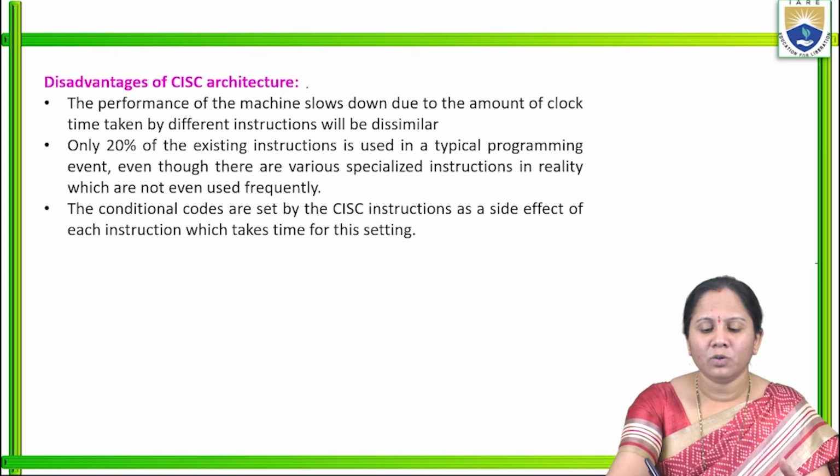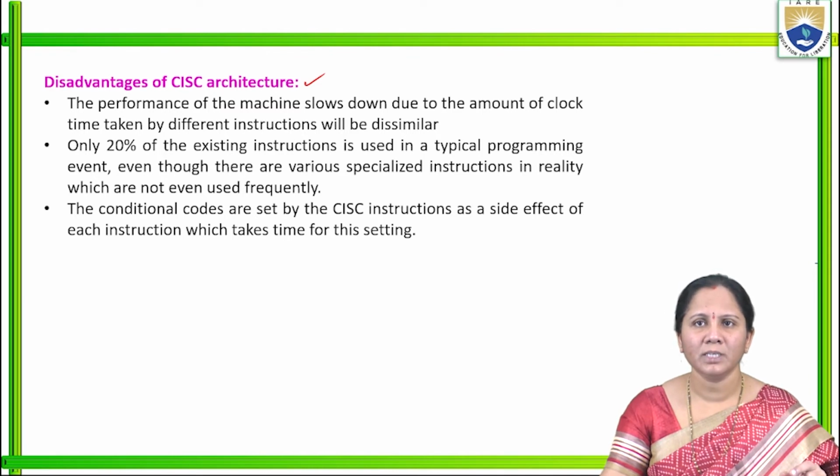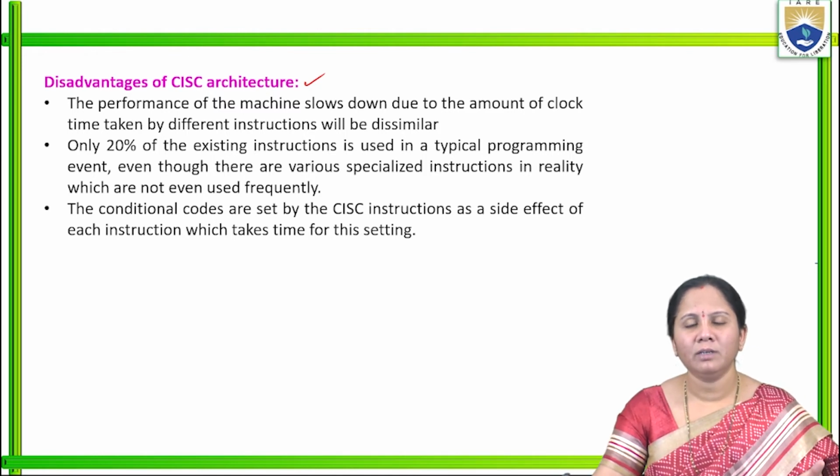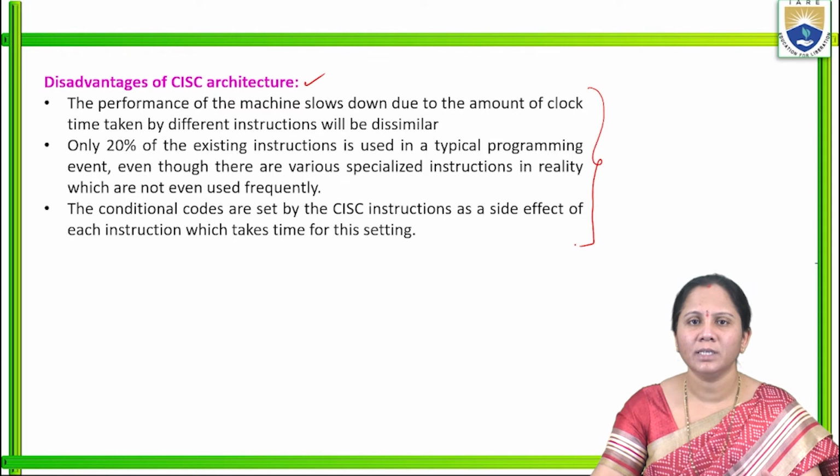And here these are the disadvantages of CISC architecture, because since the instruction is very complex, in order to execute it requires more number of clock cycles, and all these are some of the disadvantages in the CISC architecture. So we have to consider all these disadvantages.